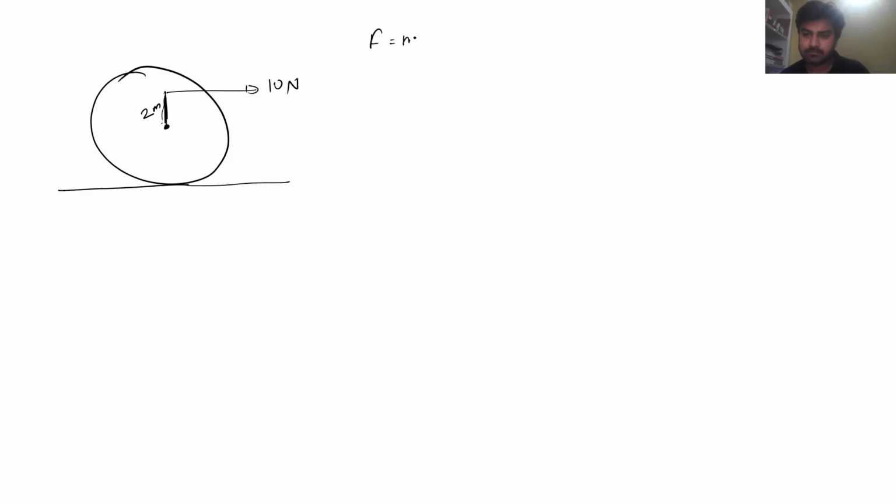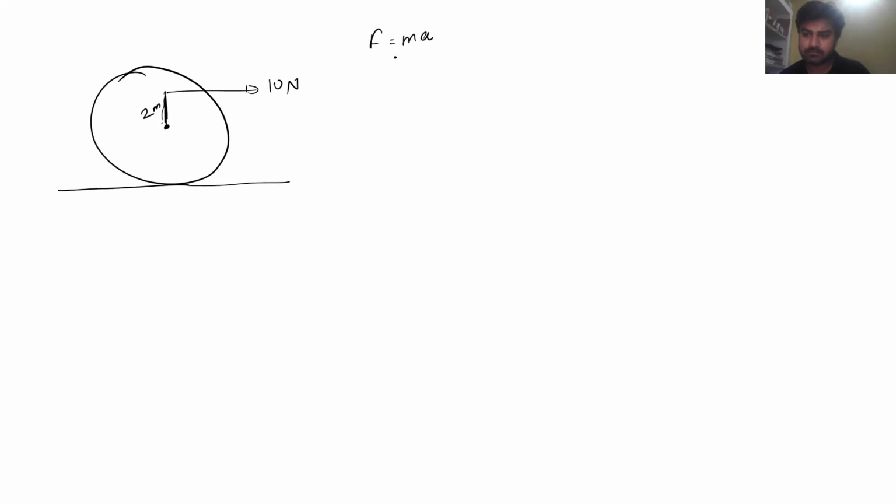Okay, let's find. This is the disc, right? And 10 Newton is applied at a distance of 2 meters, applied like this. Now, I can write the equation for translational motion, this kind of motion, which is F is equal to ma.